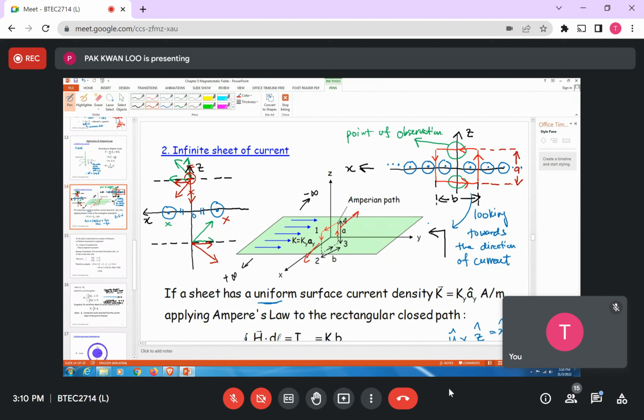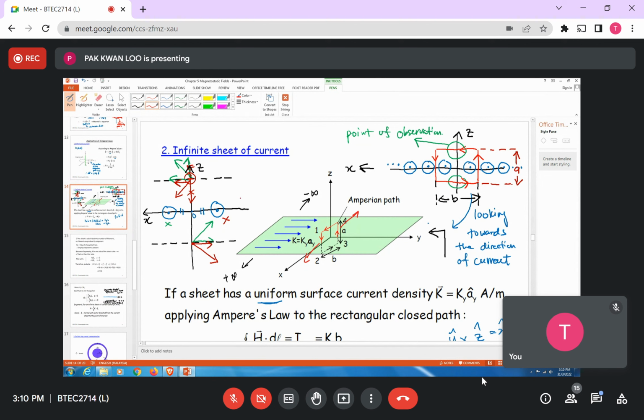So I said that if you use the right hand rule, the magnetic field above and the magnetic field below will be opposite: one will be pointing in the positive x direction, and below the current sheet, the magnetic field will be pointing in the negative direction.